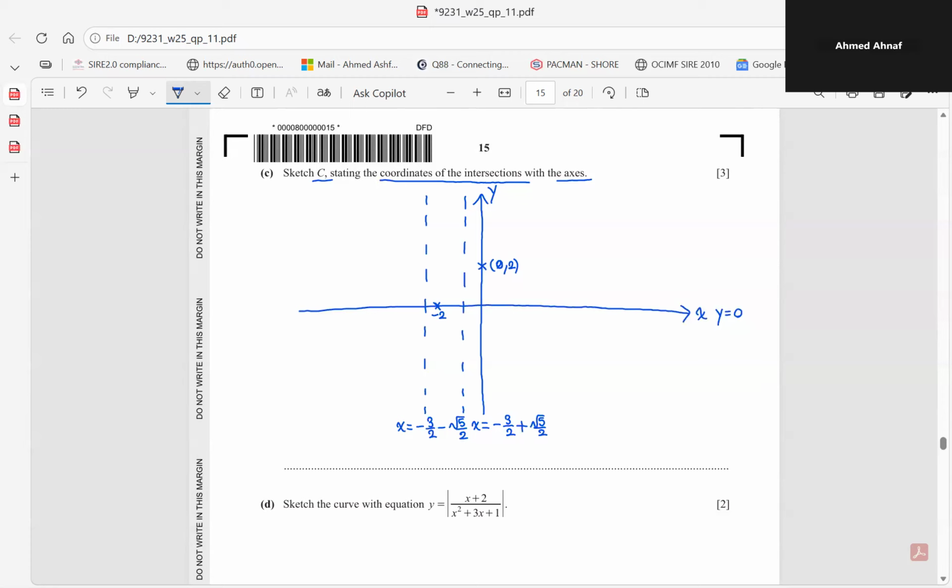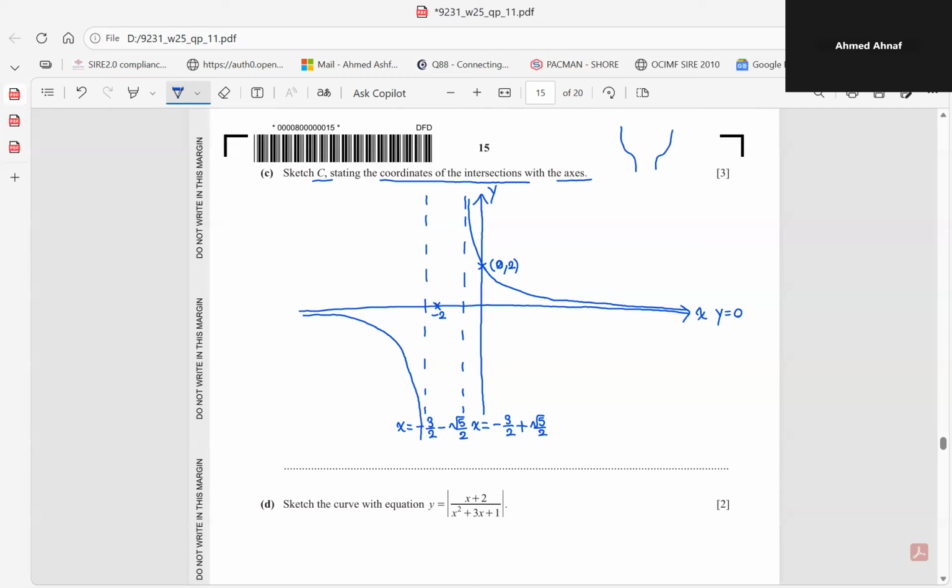Yeah, so since there are no stationary points, let's do this branch where the asymptote is the y-axis. Same for this. Okay, so we need to figure out how this goes. It can either go like this or like this.